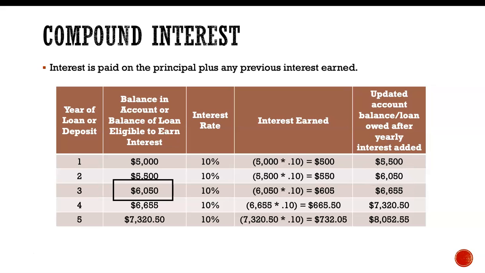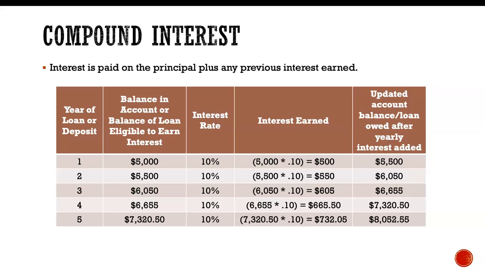Moving down to year 3, we see the balance eligible for interest is the year 2's ending balance of $6,050. Interest earned is $605, giving us a year 3 ending balance of $6,655.